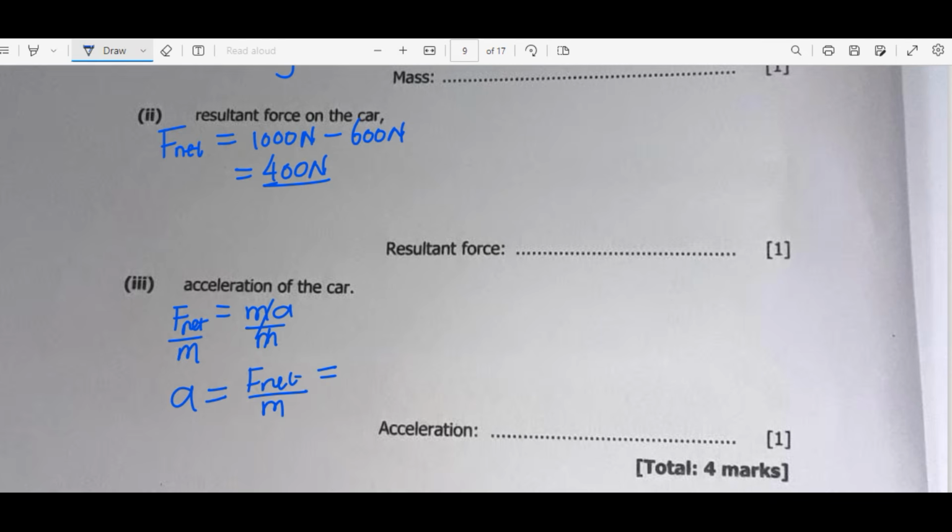The net force is just 400 newtons. Then the mass, remember, the mass was calculated as 800. So if we do this, we get 0.5 meters per second.